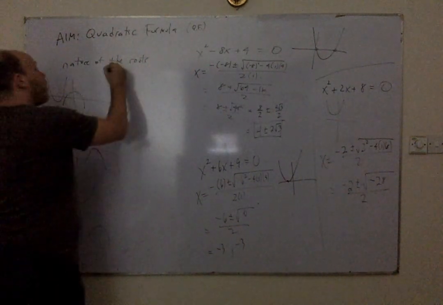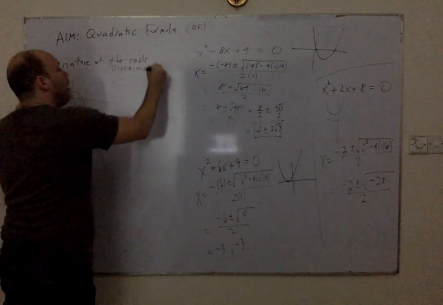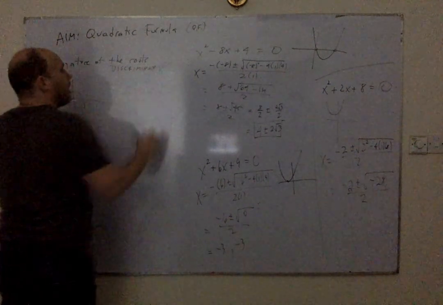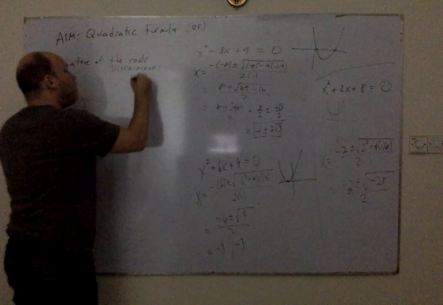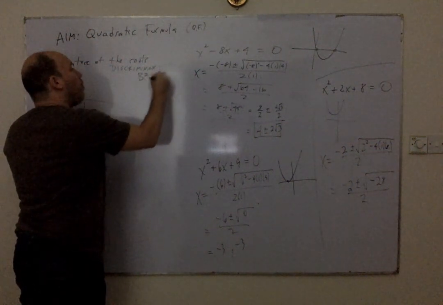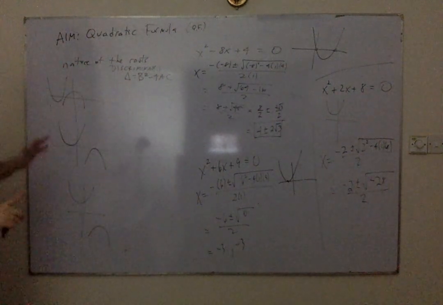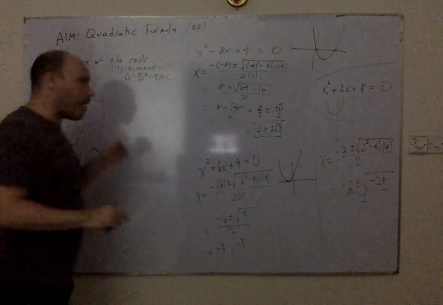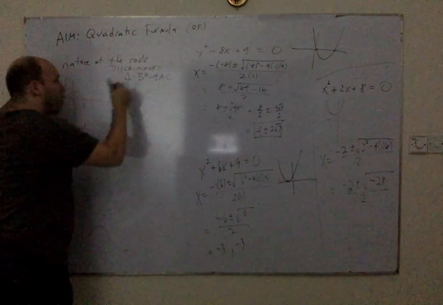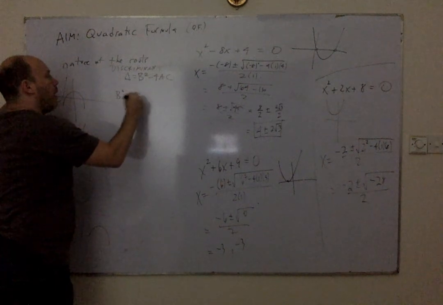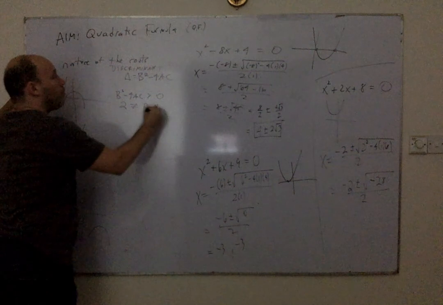Now, what we're going to do is look at the discriminant. The discriminant is that expression under the radical. And if you recall, that was b squared minus 4ac. Sometimes it's referred to as a delta. Now, this is kind of cool. Think about this. If the expression under the radical is greater than 0, we have two non-equal real roots.